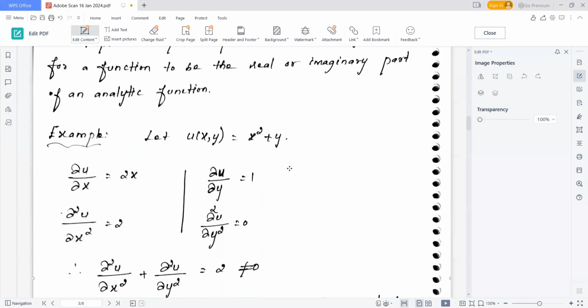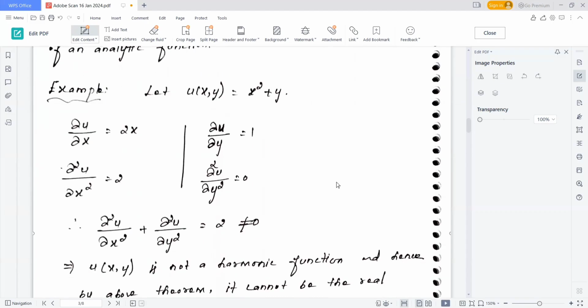So consider the example u of x comma y is equal to x² plus y. We are checking whether this function satisfies the condition for a harmonic function. ∂²u/∂x² equals 2, ∂²u/∂y² equals 0. When we add these two, the value is 2, not equal to 0. So therefore this function cannot be a harmonic function.